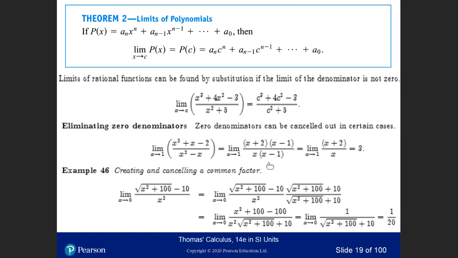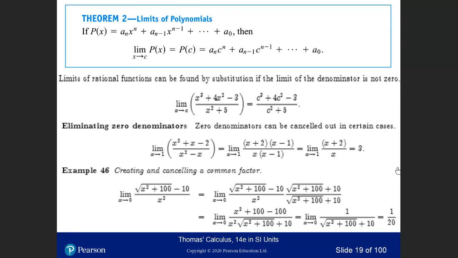But in the limit, we are not interested in what happens at x equal to 1. We are interested in how my function behaves as x approaches 1. That gives us the limit. So when you cancel out, you have this. So I write here the limit as x approaches 1 is equal to 3, because 1 plus 2 is 3, and this is 1, so that's equal to 3.